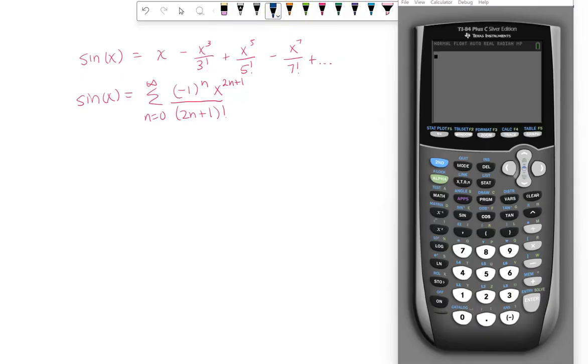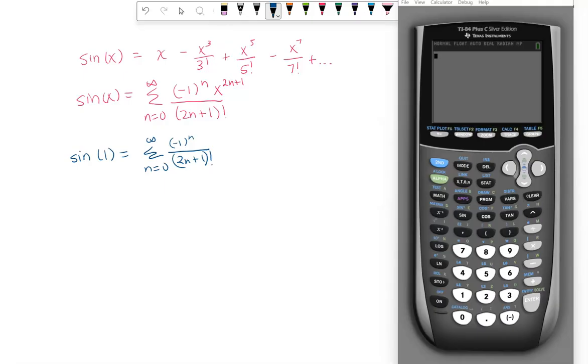But according to this, if we were to plug in a 1 for x, I know that 1 to any power is just going to be 1. So these two things should be the same. So our series expression should be the same as the sine of 1.